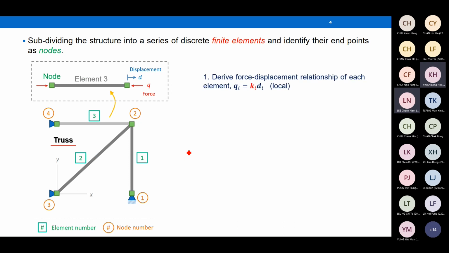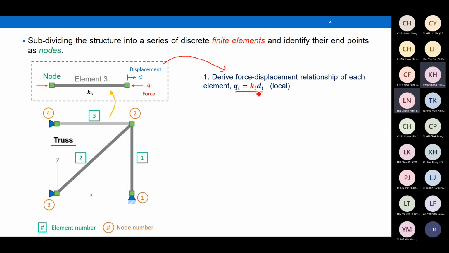For each element, you can set up a local force-displacement relationship. I will let you know how to do it very soon. For each of element 1, 2, 3, you can set up a force-displacement relationship, and this is the equation for element 3.